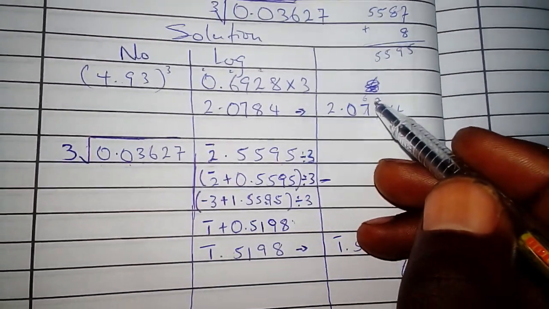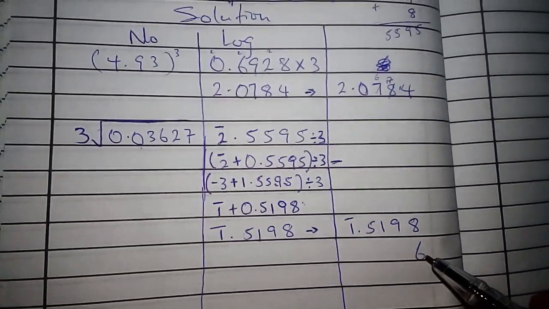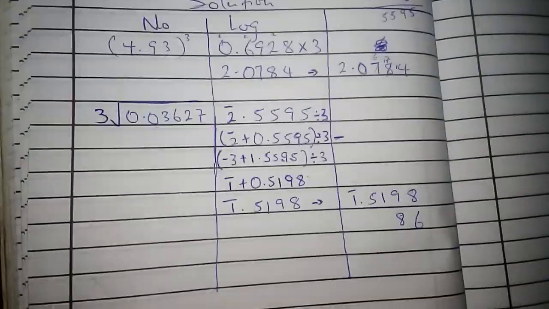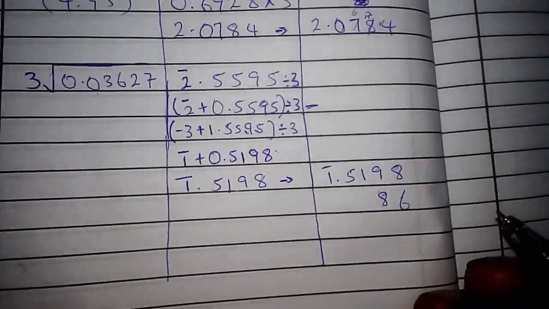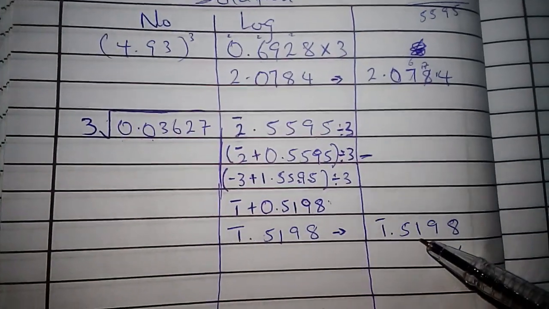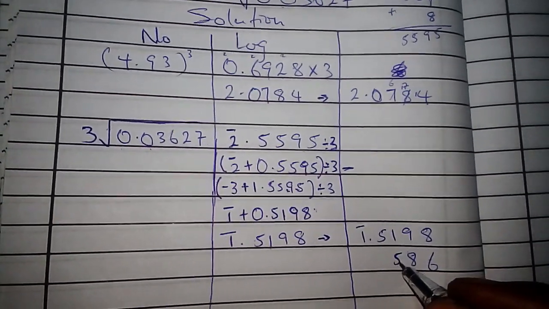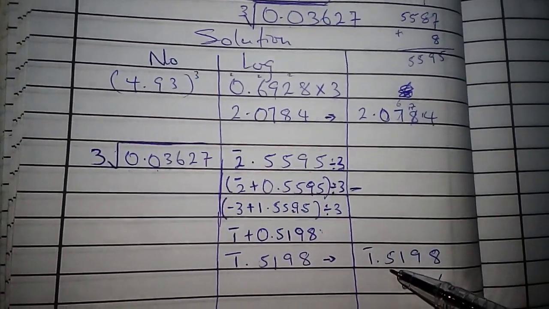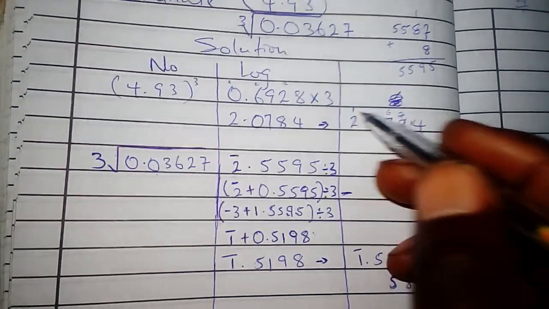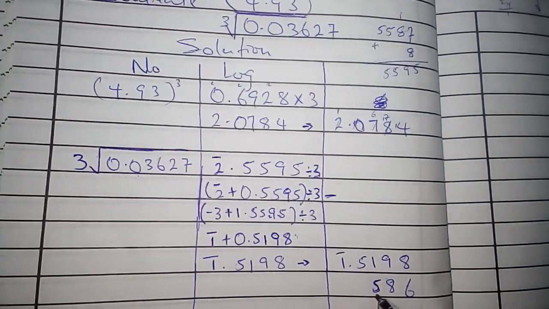Here turns to 17 minus 8. Then we go to 6 minus 1. 6 minus 1 will give us 5. Then 0 minus 5 cannot go. So borrow 1 here. Here turns to 1. Put it here on 10. So 10 minus 5 will give us 5.